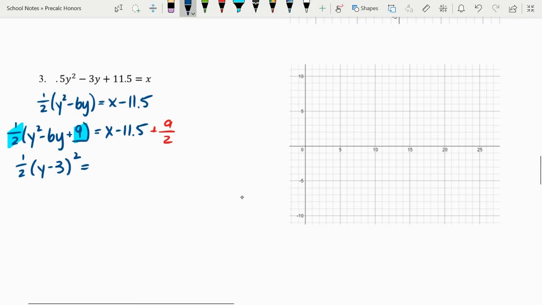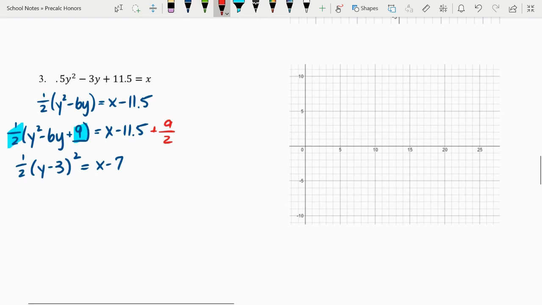And this will be 23 over 2, plus 4.5, minus 7. Hopefully, I think I'm good. All right, and that will be how we complete the square.